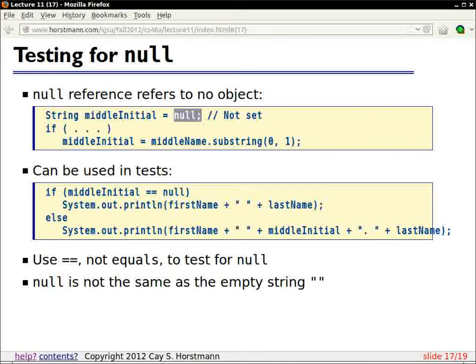In this case, I would set the middle initial to null, and otherwise I would set the middle initial to something. And now I can test for that. So here's a typical example. Middle initial is null. In that case, I print the first name and the last name, and otherwise I print the first name, the middle initial, and the last name like this. And so I use equal, and here it is legal to use equal in the null comparison, and not equals.